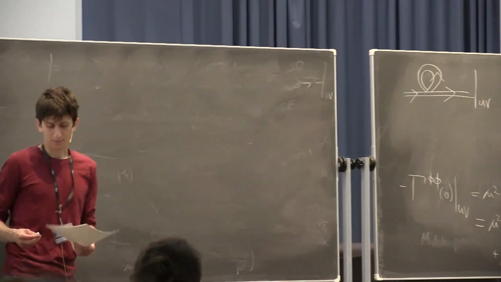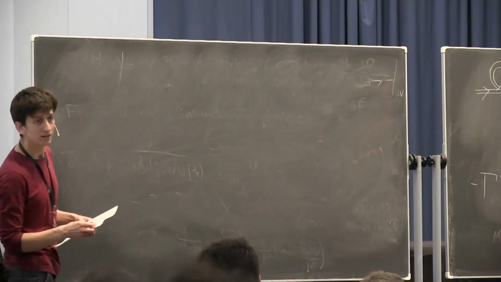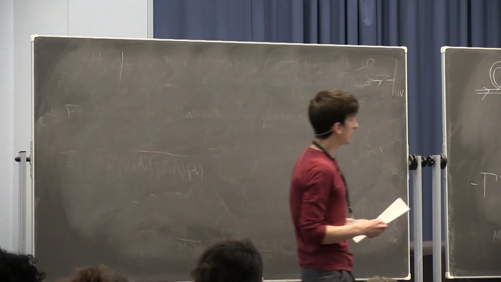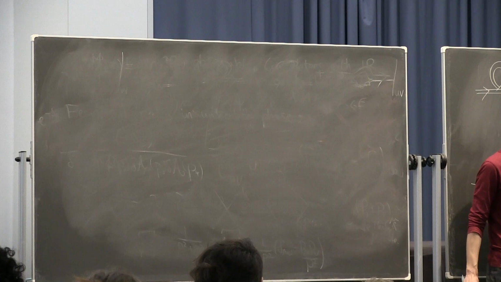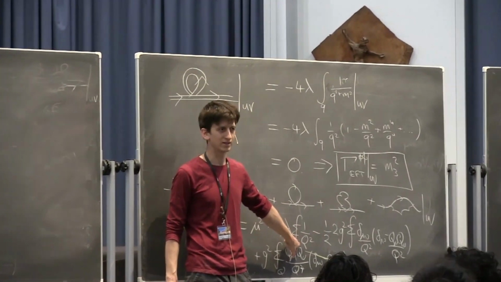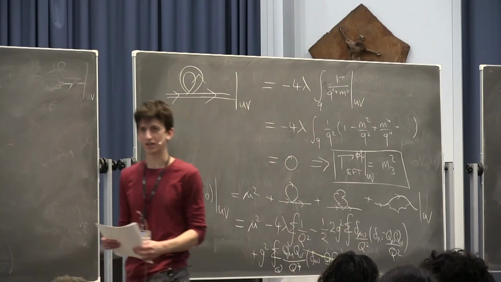As well as masses, I had couplings. What if I were to match the coupling? So I argued before that the only loop integrals which are going to give me positive powers of temperature are 1 over q squared type loop integrals. We had 1 over q squared in all of these cases, essentially.